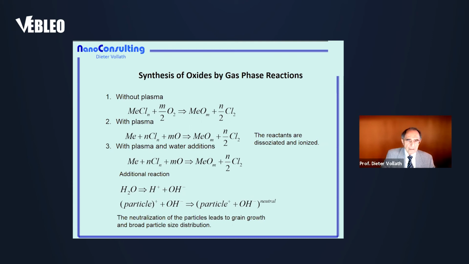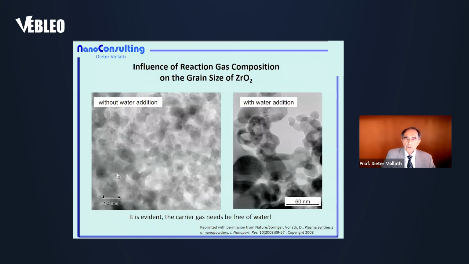And as a result, the particles are no longer repelling each other. We get a broad particle size distribution. And that's what you see here. On the left-hand side, you see the particles. All of them are more or less the same size.